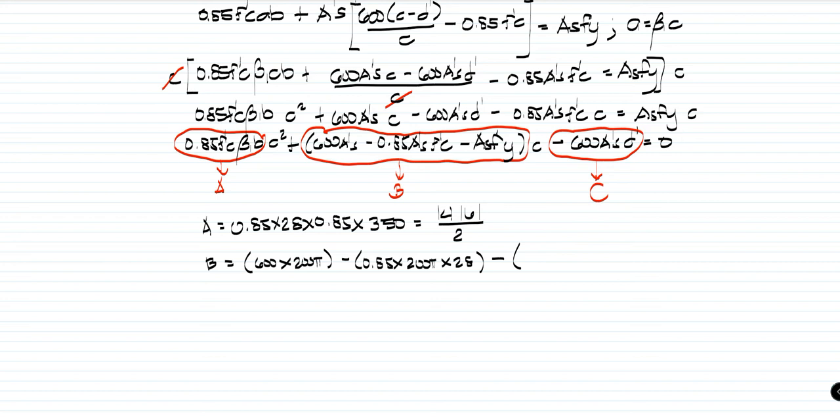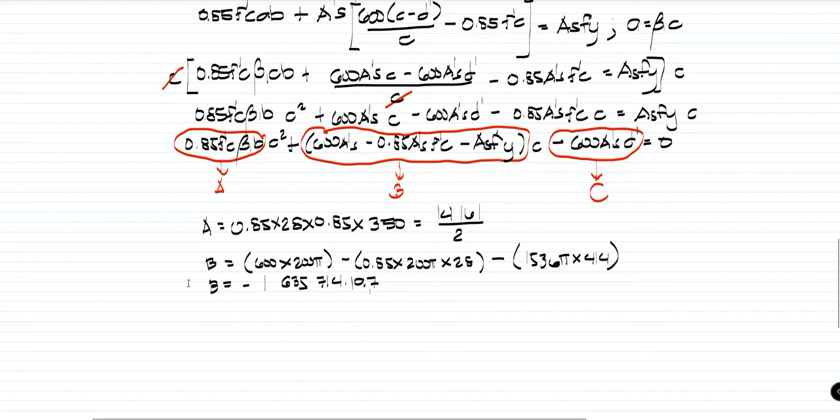AS is 1536 pi times 414 megapascals. So our B will be equivalent to a value of negative 1,635,714.197.